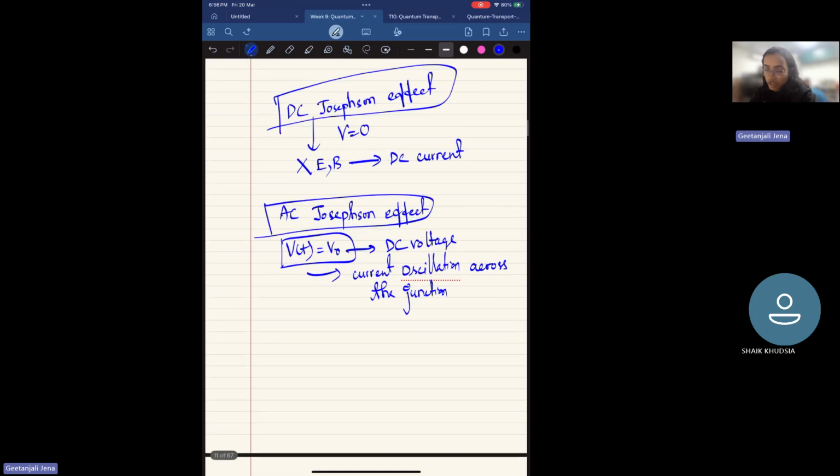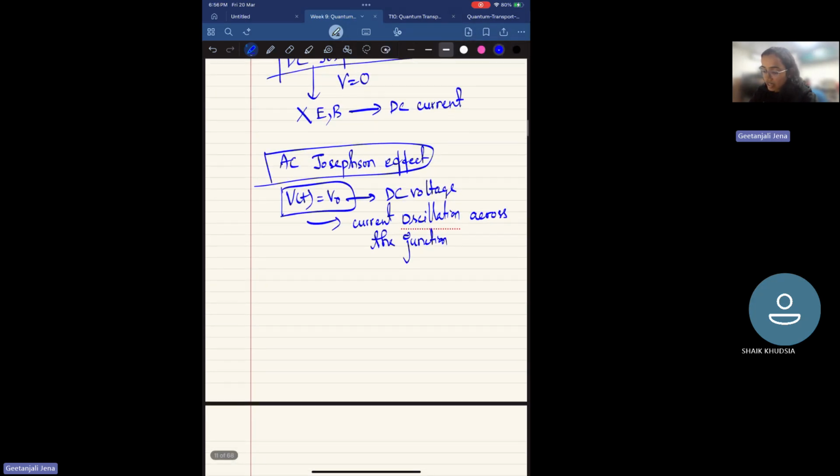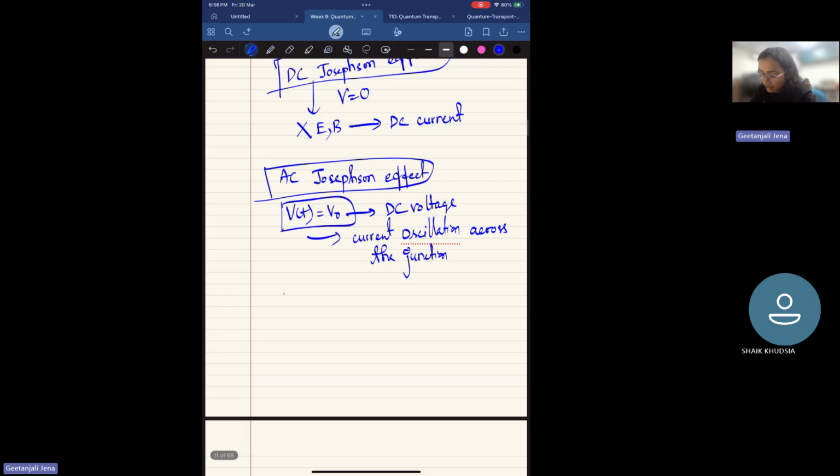I will go into the details later; I'm just trying to cover roughly what the effects tell us. Next, we have the inverse AC Josephson effect.